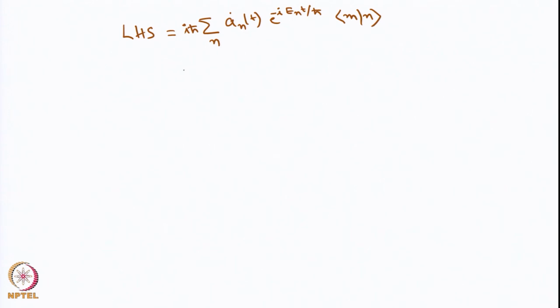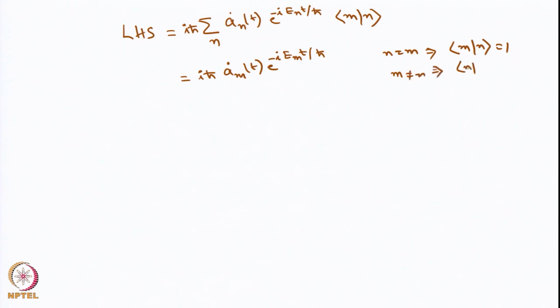That means you can drop the summation, and this will become iħ ȧ_m(t) e^(-iE_m t/ħ), because for n equal to m the integral goes to 1, and for m not equal to n, this integral goes to 0.